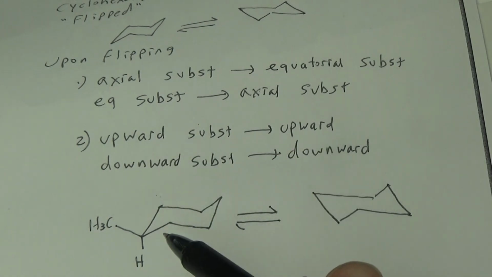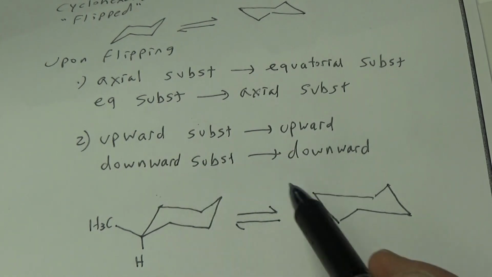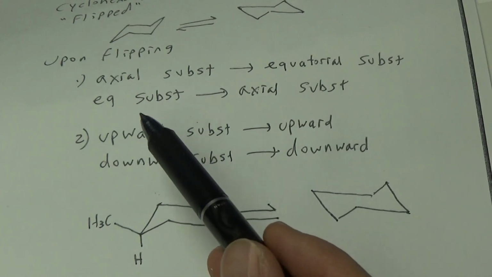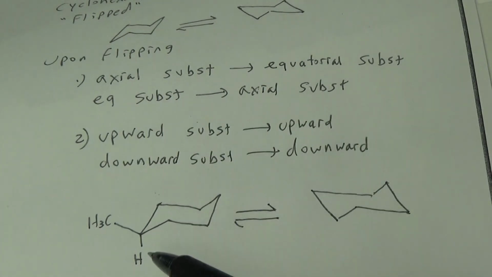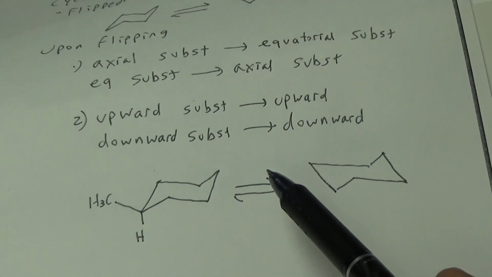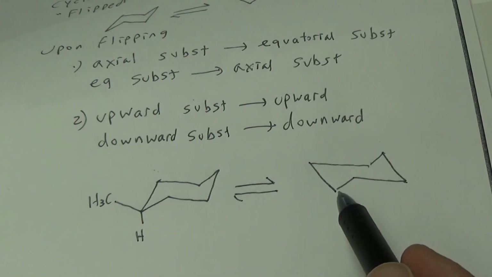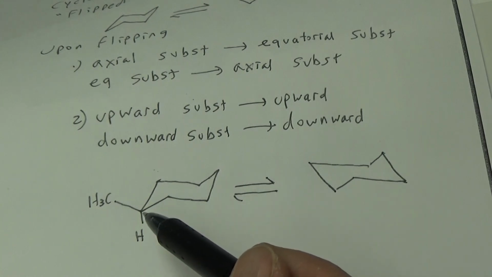Upward stays upward. And since it was equatorial, it changes to axial. It changes its position. But the point here is really important that it goes from up and equatorial to up and axial.